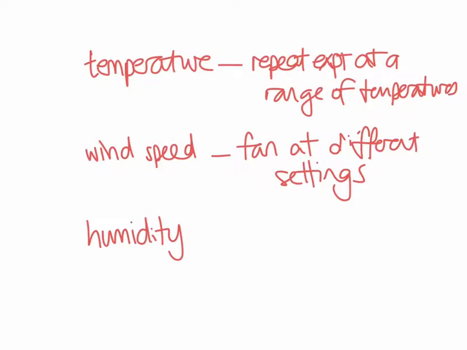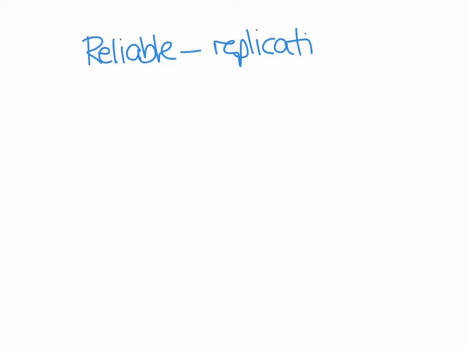Well, if we go back, anytime you do experiments, try and get reliable results. How do you get reliable results? Well, it's all to do with replication. Results are reliable if you were to give the instructions to someone else and they were to carry out the experiment and get similar results to you, then you know that your results are reliable.